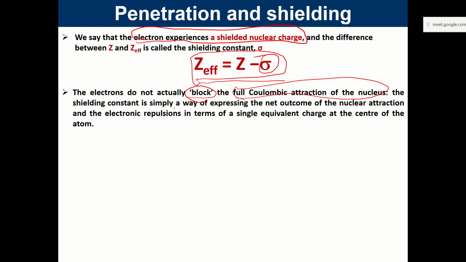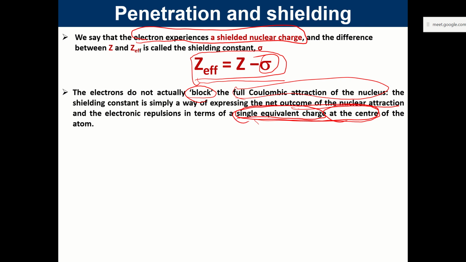This is a simplified approach of expressing the overall nuclear attraction in the context of repulsion from the inner core electrons, and we try to view it as a single equivalent charge at the center.